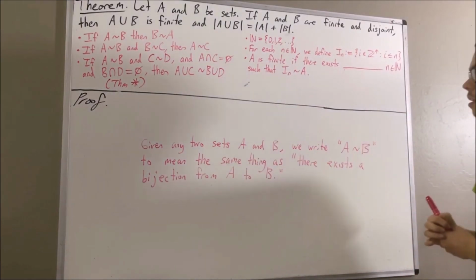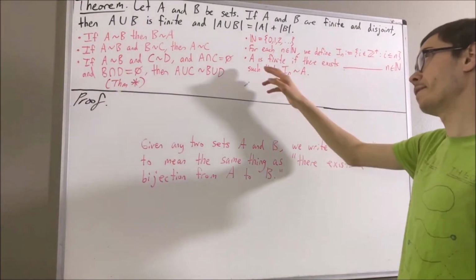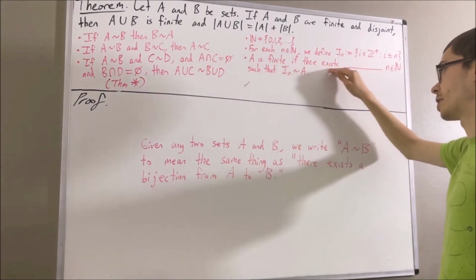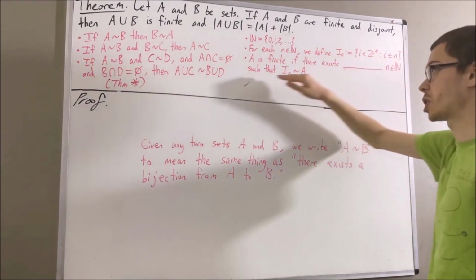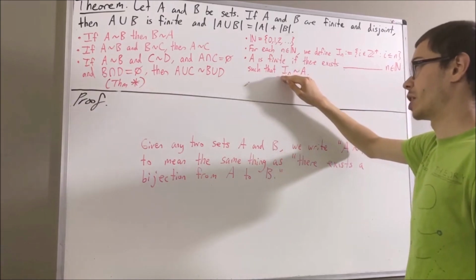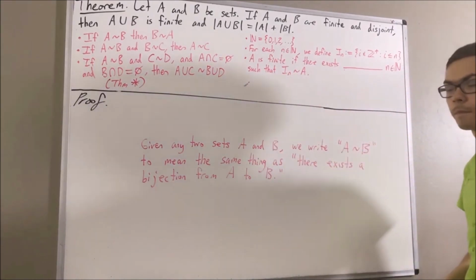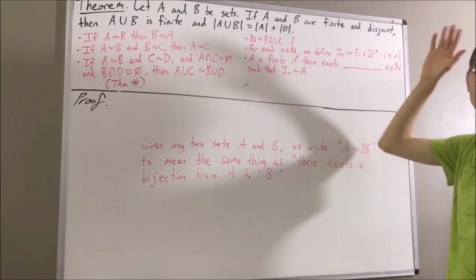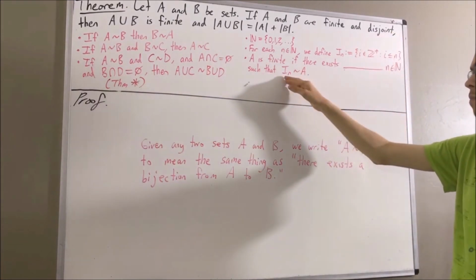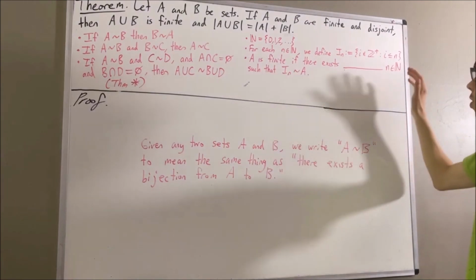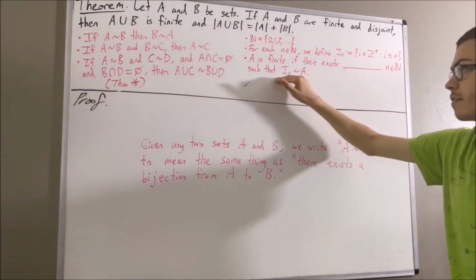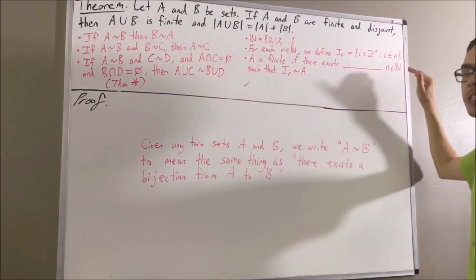And it turns out that if we have a finite set A, well, by definition, there exists a natural number n such that there is a bijection from In to A. But it turns out that this natural number n is the only natural number such that we have a bijection from In to A. So for finite sets, there exists a natural number n that satisfies this condition, and that natural number is unique.